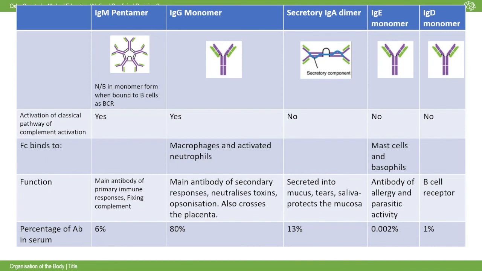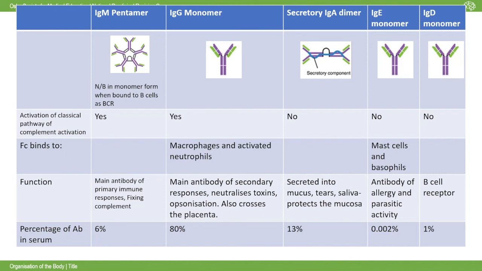This means that IgM has really high avidity. Avidity is where you have binding occurring. If my IgG monomer could associate with an antigen, but I have a pentamer with 5 sites able to interact with an antigen, I have a much higher avidity because I have a greater chance of a greater strength of association with an antigen. So that's why we have this IgM pentamer.